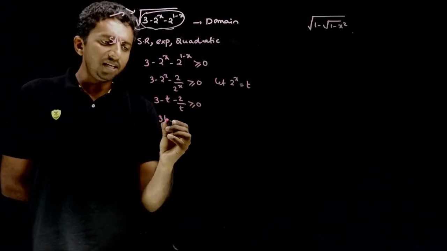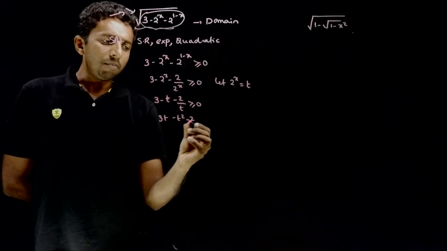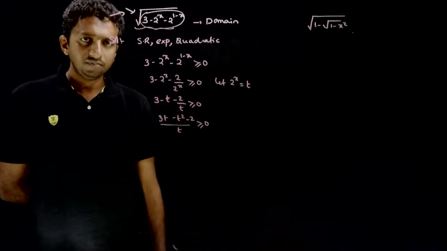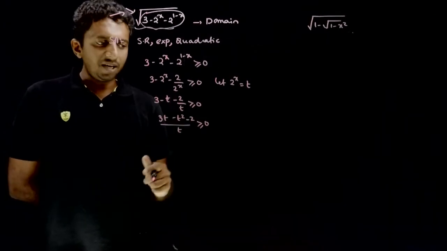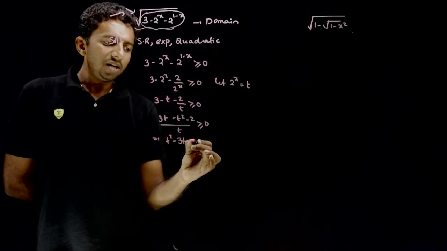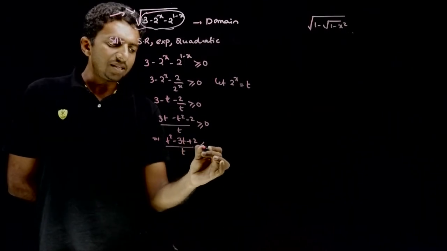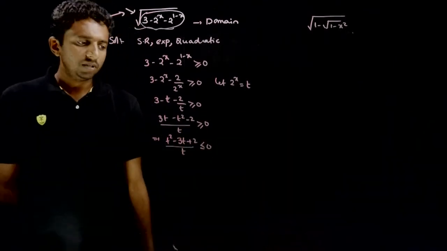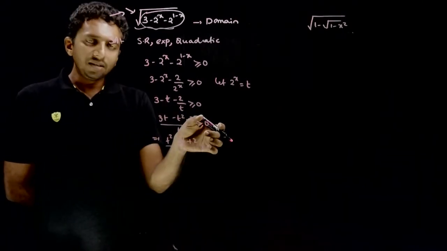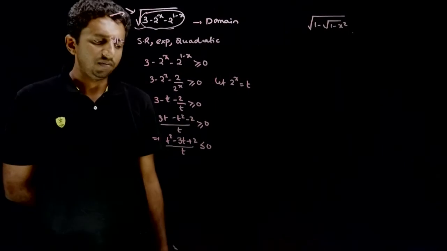LCM लेने से 3t minus t square minus 2 by t is greater than or equal to 0. न्यूमरेटर को एक माइनस से multiply करता हूं. This implies t square minus 3t plus 2 by t is less than or equal to 0. So if this is greater than or equal to 0, एक माइनस से multiply करने से the sign of inequality has got reversed.